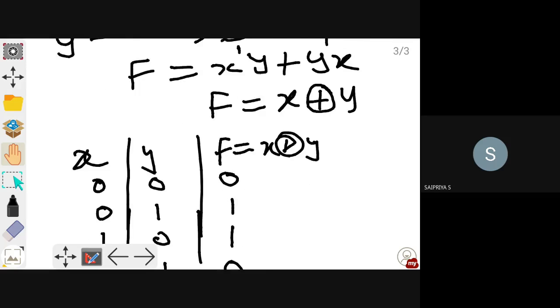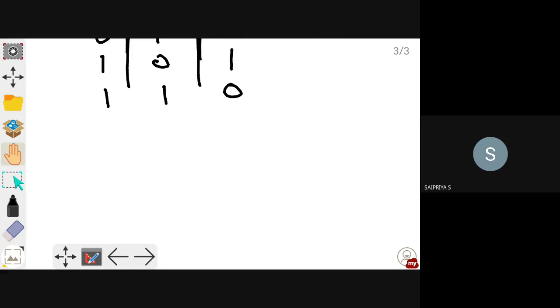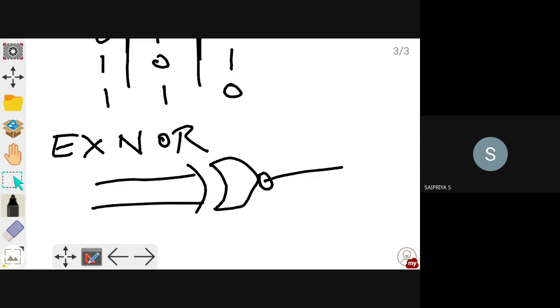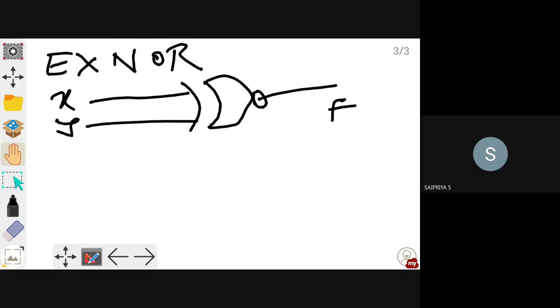So next is the XNOR. XNOR is the reverse of the XOR gate. So you would have to draw XOR and then invert it. So this is the XNOR.